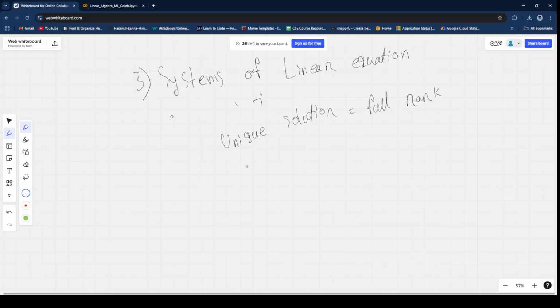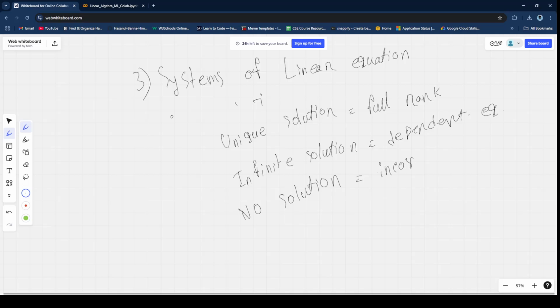If I have infinite solutions, I will be having some dependent equations. And finally, if you find no solution, it means it is an inconsistent system.